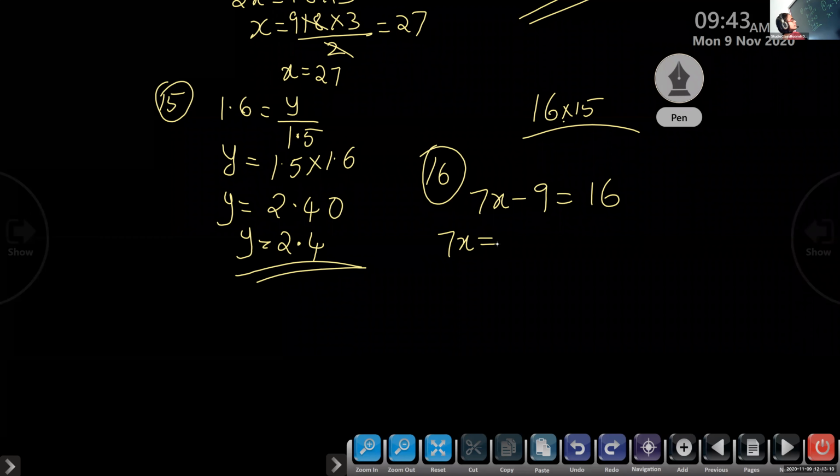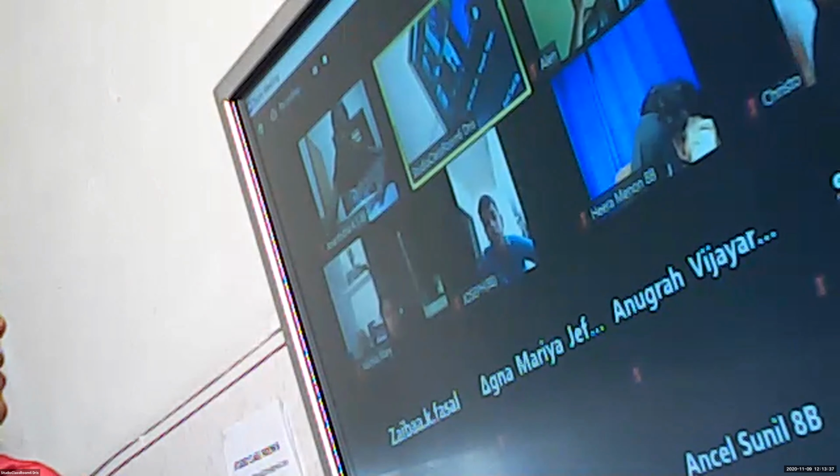Understood all of you how to solve? Keep the variables on one side, transpose the constants to the other side, do the calculation, then find. Okay? So x equal to 25 by 7.